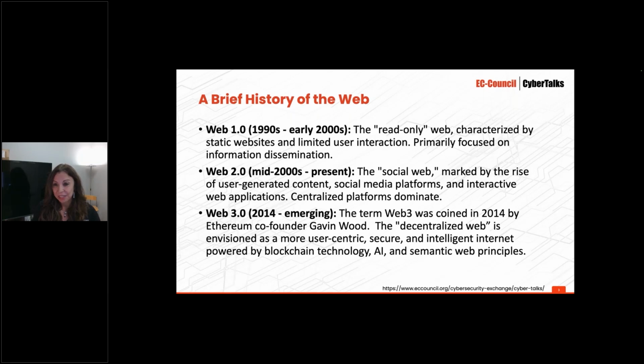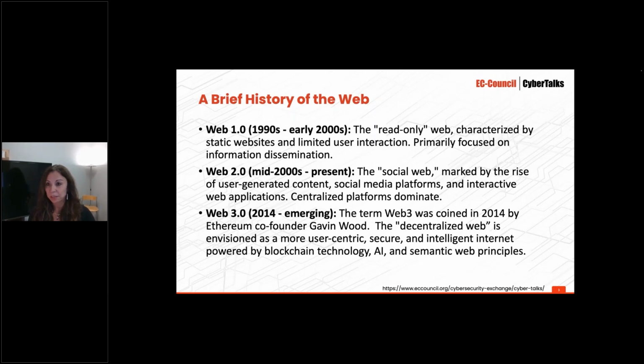And he also is credited with developing Solidity, which is mainly for developing smart contracts running on the Ethereum protocol. Also, when we talk about the decentralized web, the idea is that it's more user-centric and secure, intelligent, powered by blockchain technology, AI, and semantic web principles.